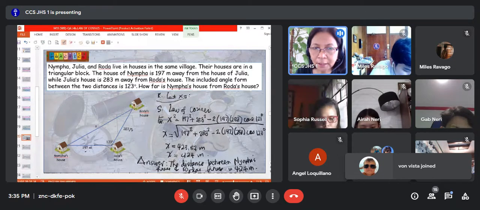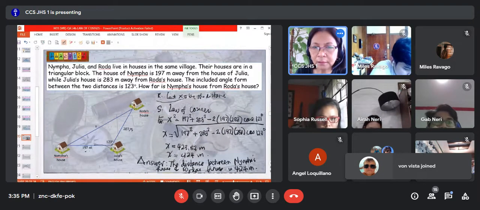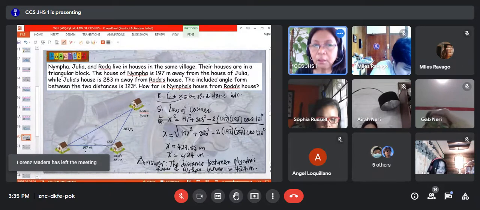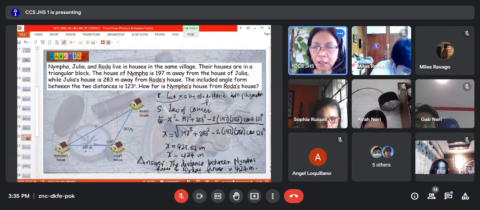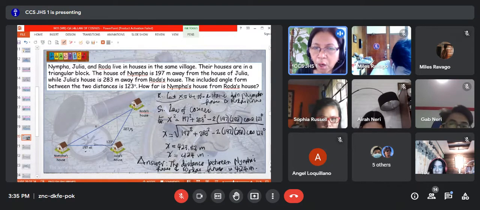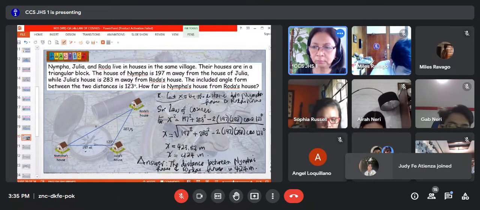Let x be the distance between Nympha's house and Rhoda's house. And then you have to give what law you are going to use.